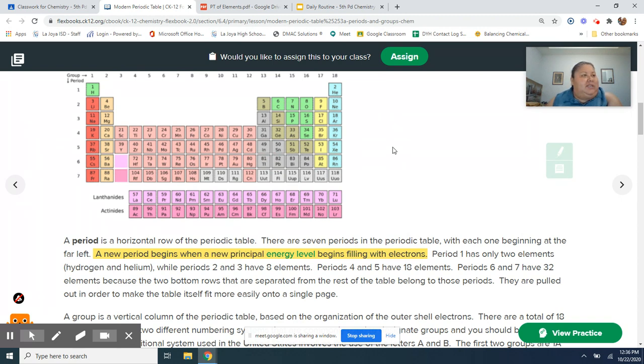Anybody know? Anybody see it? How come I have here 55, 56, and all of a sudden it jumps to 72. What's missing in between barium and hafnium? What's missing between 88 and 104? Radium and I think it's rutherfordium, if I remember that RF correctly. What's missing that goes here and can help us remember?